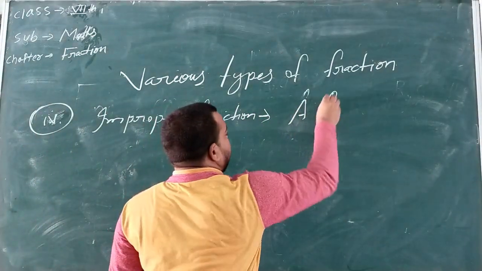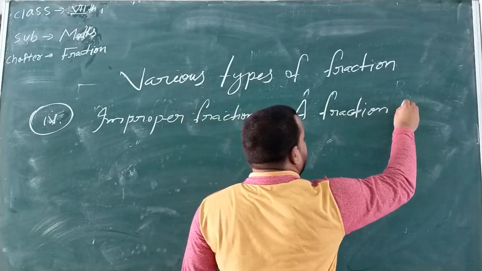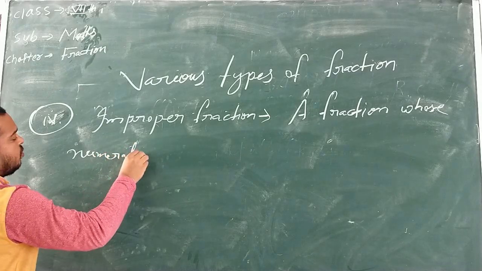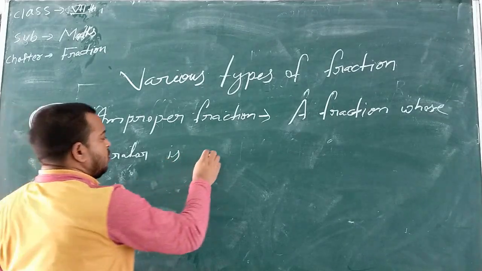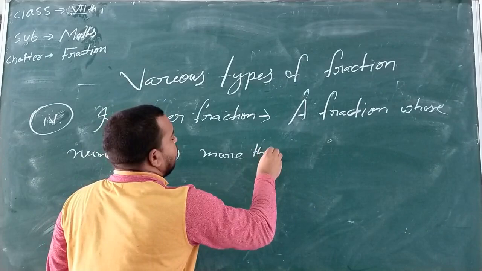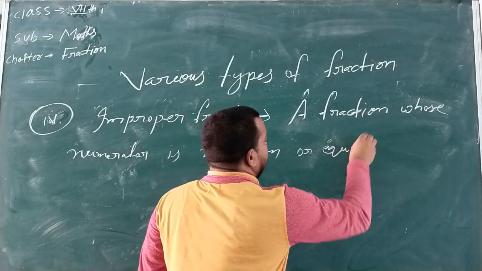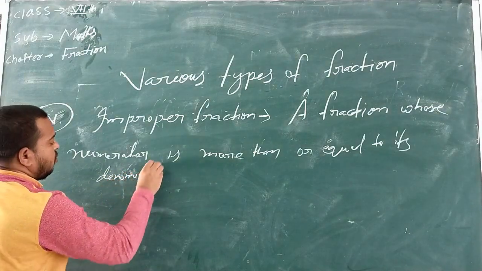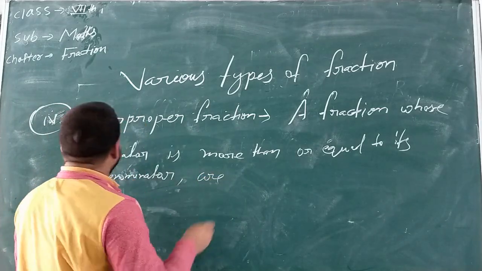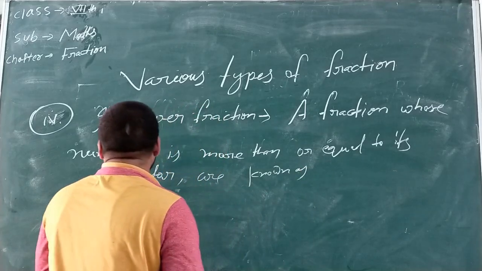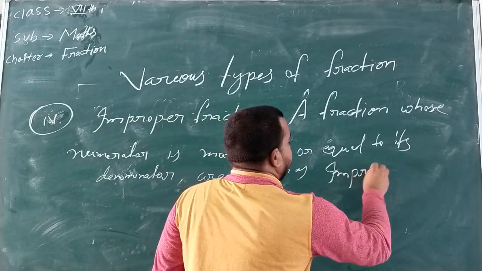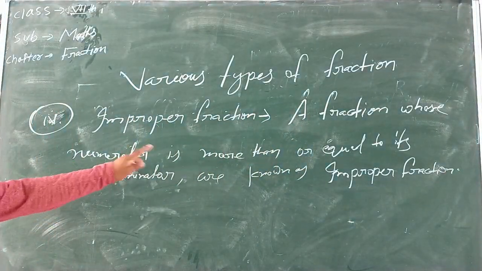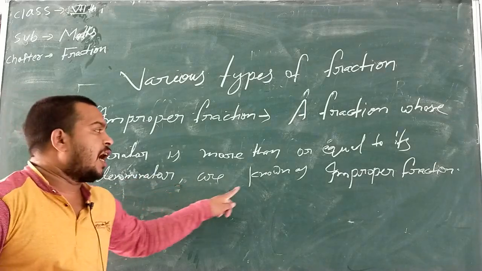A fraction whose numerator is more than or equal to its denominator is known as an improper fraction.